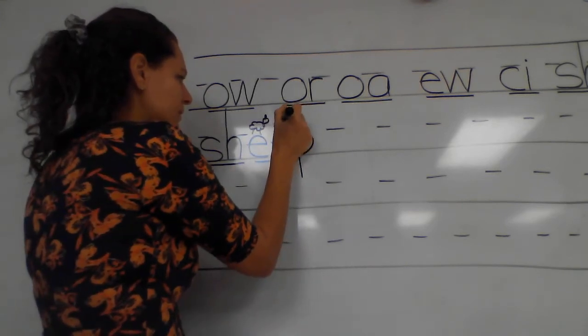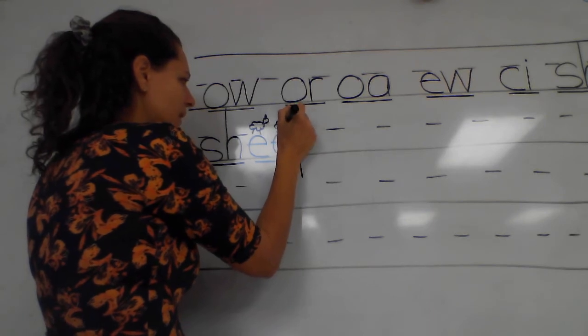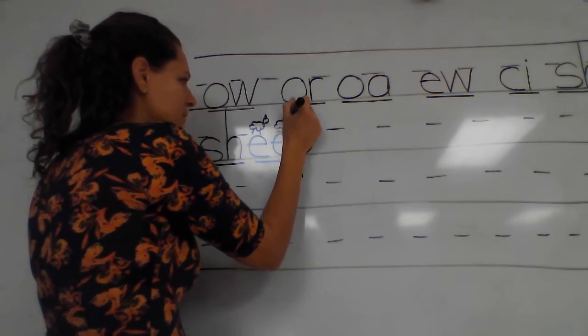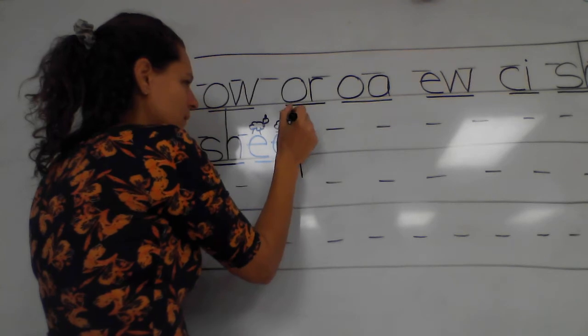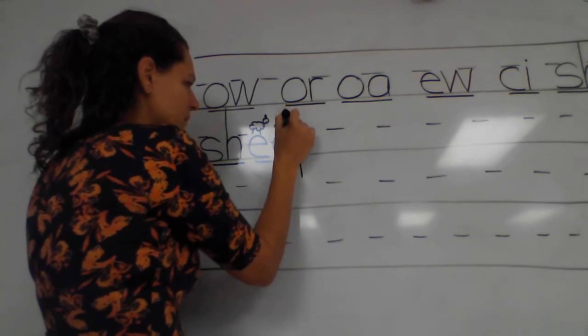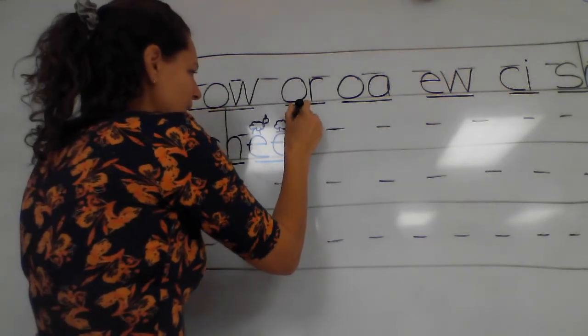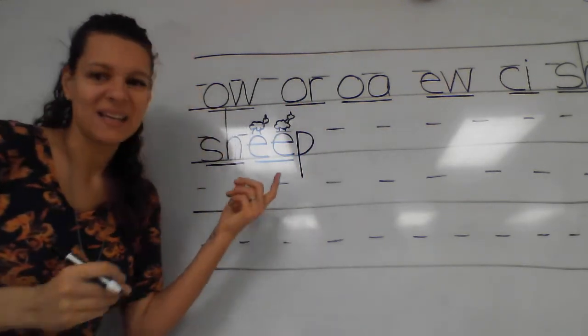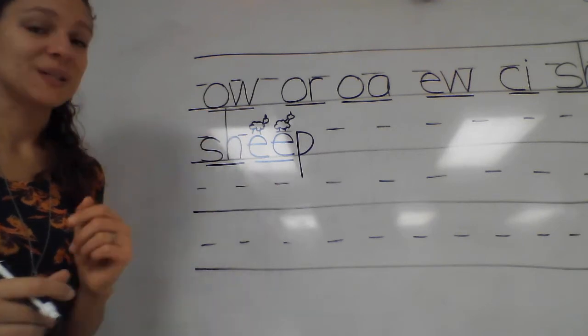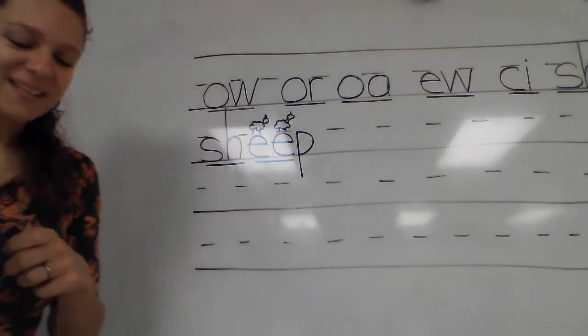I don't really know how to draw sheep very well, so I'm kind of drawing clouds with heads. Oh my goodness. Thank goodness I'm not your art teacher, class. But this might help us remember that we use E-double-E because we've got the 2 sheep. Okay, let's read our word.